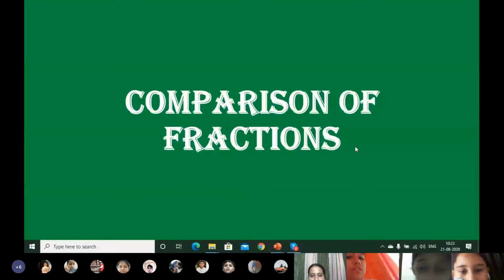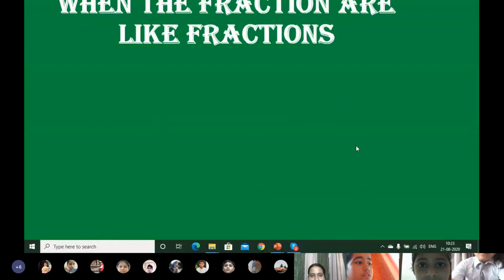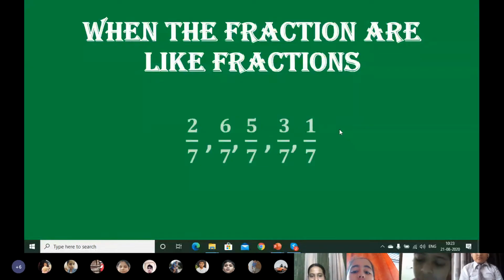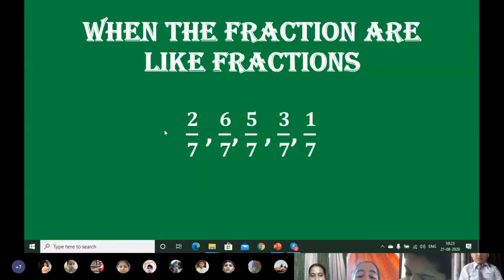Comparison of fractions. For this, the first condition is when all the fractions are like fractions. Let's take an example: 2 by 7, 6 by 7, 5 by 7, 3 by 7 and 1 by 7. All these are like fractions because the denominators are the same. Now we will arrange the numerators and copy down the denominator as it is.